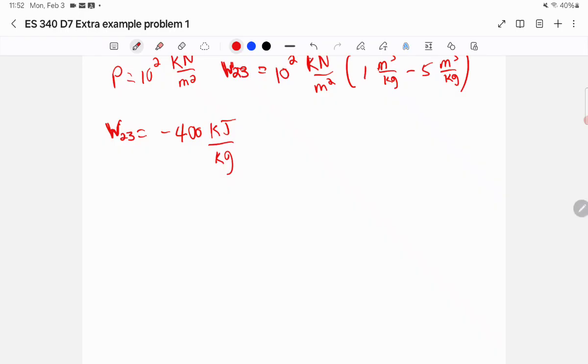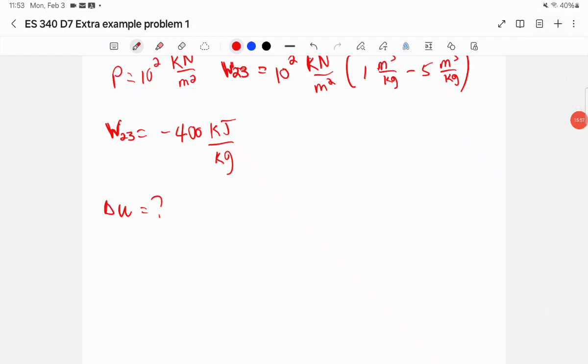Now, in this case, delta U, there is a change in temperature. It's not an isotherm that we're operating on. So there could, in fact, be a change in temperature, a change in internal energy.